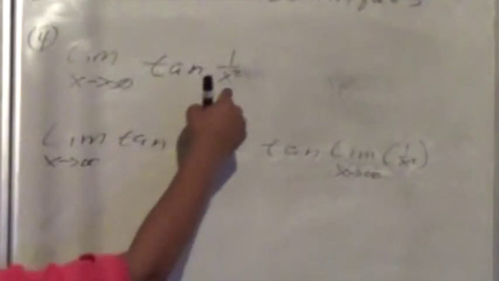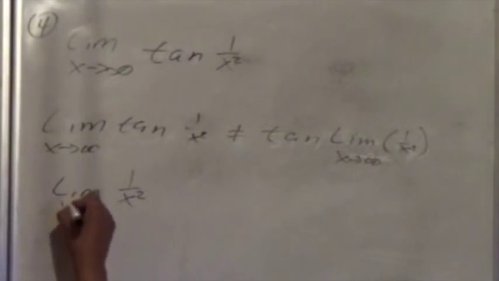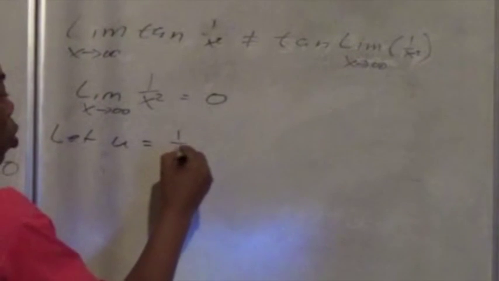Okay, let's take a look at 1 over x squared. As we take the limit as x approaches infinity, this equals 0. Therefore, I'm going to let u represent 1 over x squared.